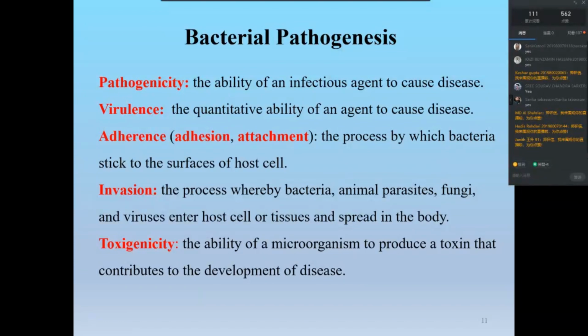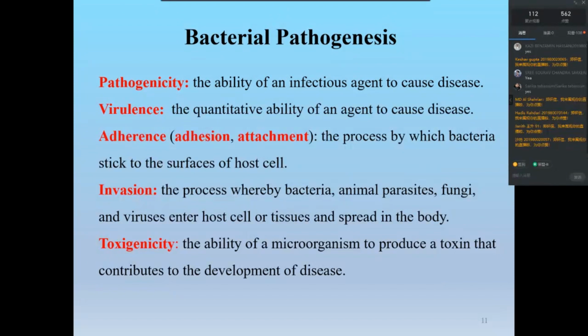We can say that one microorganism, one bacteria can cause disease, that it's able to cause disease. We call this microorganism a pathogen. While the other one, which cannot cause disease, is not a pathogen. So this is the pathogenicity.